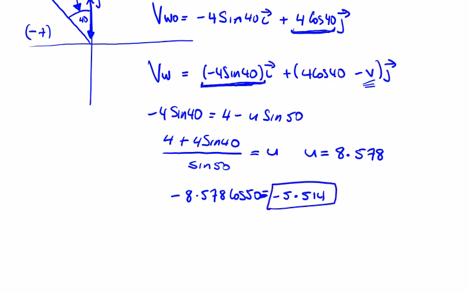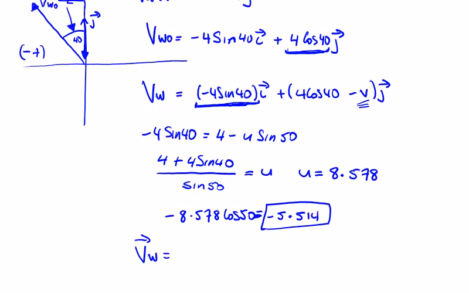So the velocity of the wind is equal to: the i component of the wind is minus 4 sine 40, which on the calculator is minus 2.57 i, and then we've worked out our j, minus 5.514 times j.